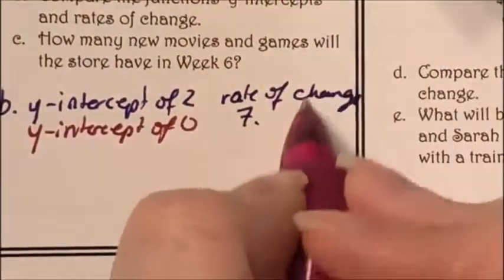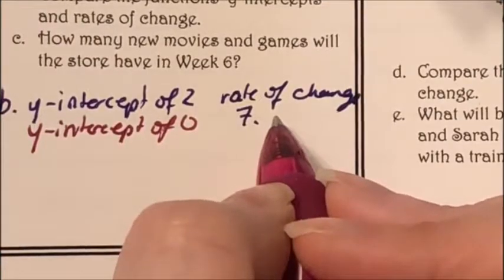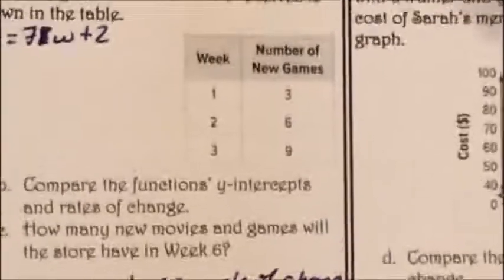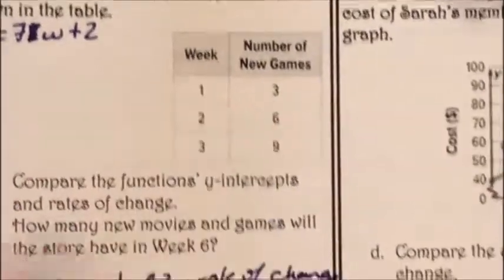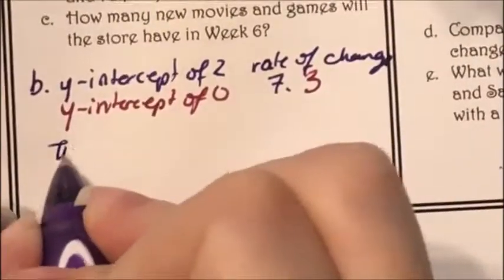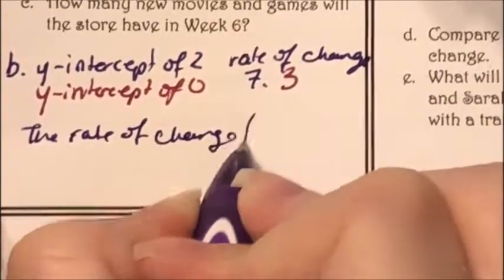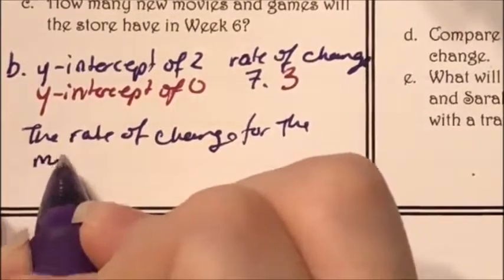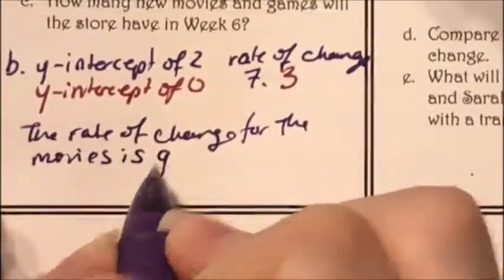And the rate of change for the games is 3, because you can see in the table that during the first week they received 3. So for letter B, the rate of change for the movies is greater.